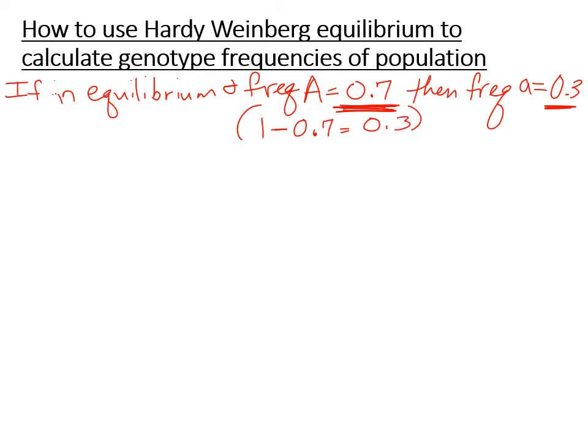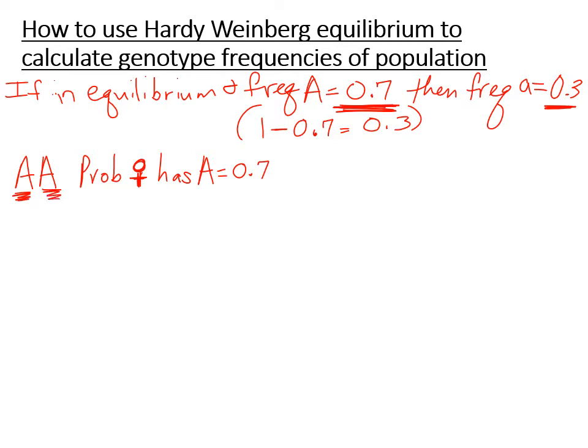Then, with that information, I could figure out the frequency of each of the genotypes, right? So we start with homozygous dominant. And ask yourself what these letters actually mean. Well, the probability that you get from mom a capital A is 0.7, right? Let's say the first allele.